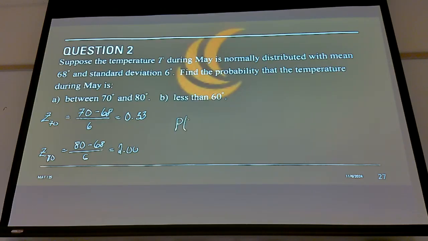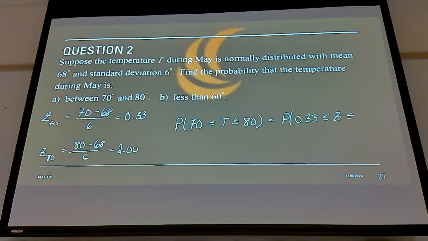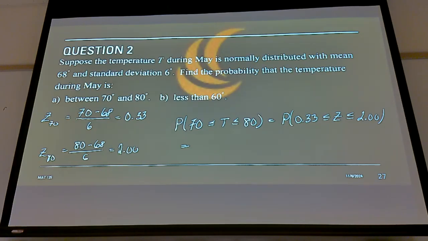The probability that 70 is less than or equal to t, less than or equal to 80 is the same as the probability that z is between 0.33 and 2. So we need the probability of less than or equal to 2, which we did get previously. 0.9772.